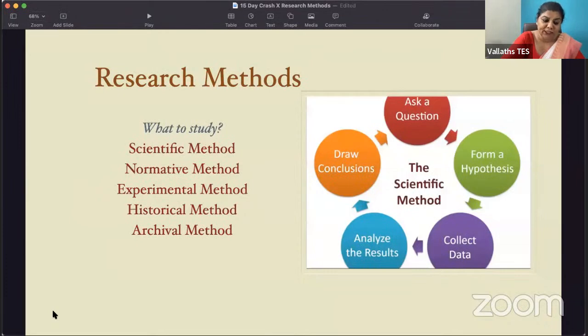When you study research methods, you talk about scientific method. When you say scientific, we already know that this method will be objective. Scientific method claims to be objective, and it will be based on observing certain things, asking questions. Look at the picture I have given. You observe a phenomenon.